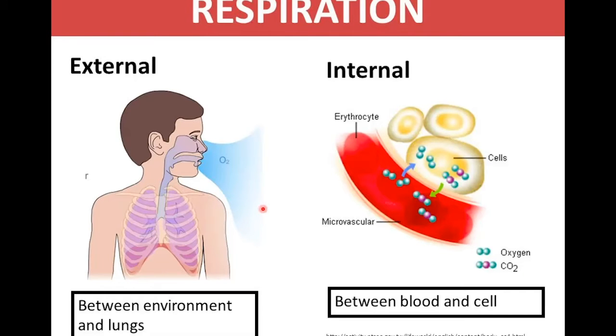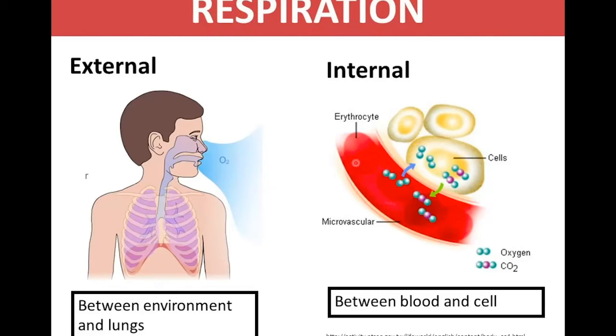Here's a diagram to help give a bit of a visual. With external respiration, we're simply drawing air in, remember, through ventilation. That oxygen will get to those terminal portions of our bronchial tree. Once in the alveoli, oxygen can then diffuse from the alveoli into the surrounding capillaries. That is external respiration. With internal respiration, that oxygen that got into our capillaries is then going to be sent back to the heart through the pulmonary veins, into the left atrium, left ventricle, out through the aorta, and then transferred somewhere throughout the body.